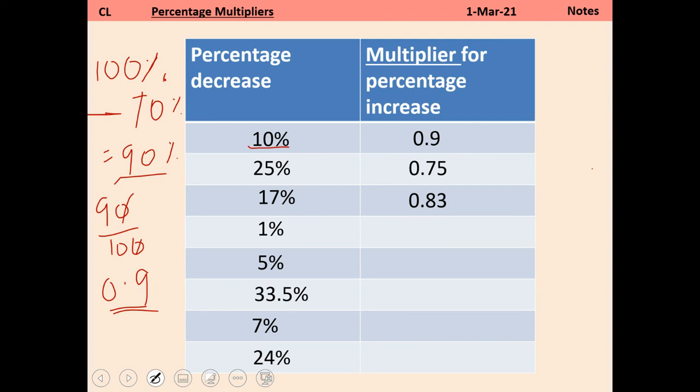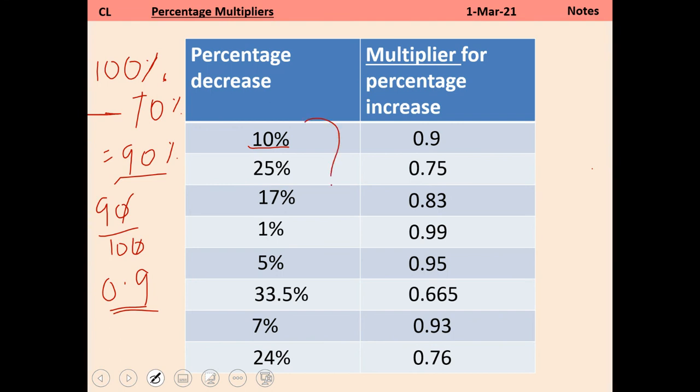1%, so think about it, if there's a 1% decrease, you're actually working out from the original amount 99%. So 99% as a multiplier, you just divide it by 100. 99 divided by 100 is 0.99, 0.95, 0.665, 0.93, and 0.76. That's how you work out the percentage decrease.